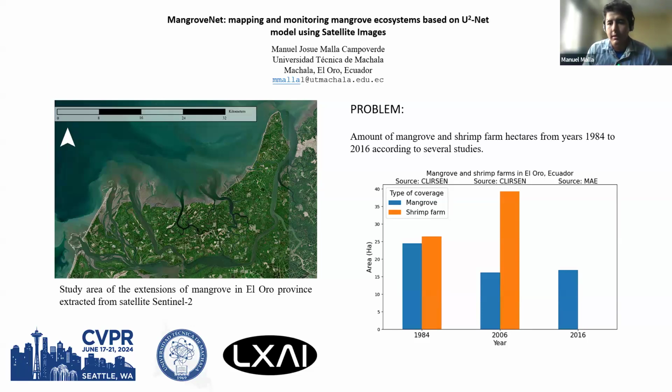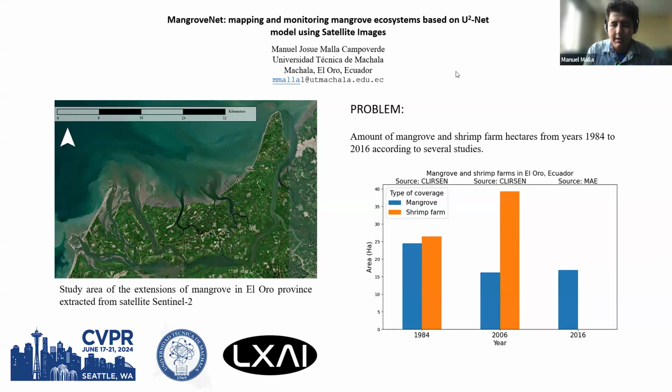In my province, located in Ecuador, we have many mangrove ecosystems. They are decreasing each year, and as we can see here, the area of the extension of mangrove, and in this figure, the type of coverage of mangrove and shrimp farms. As we can see, while shrimp farms increase, mangrove extension decreases.